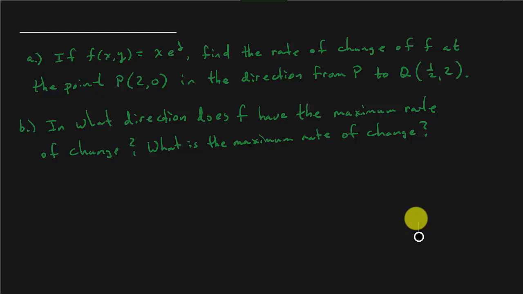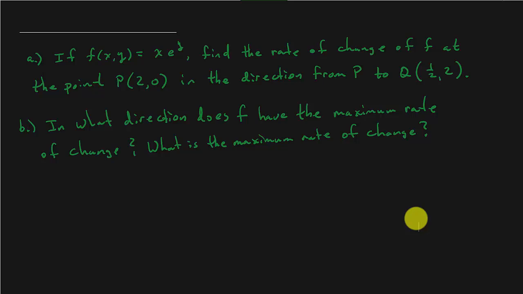All right, so for part A, it says if f of x, y is equal to x times e to the y, find the rate of change of f at the point P(2, 0) in the direction from P to Q, where point Q is (1/2, 2). All right, so look, this right here is a problem that we've already worked. Okay, they're giving you the information a little different.